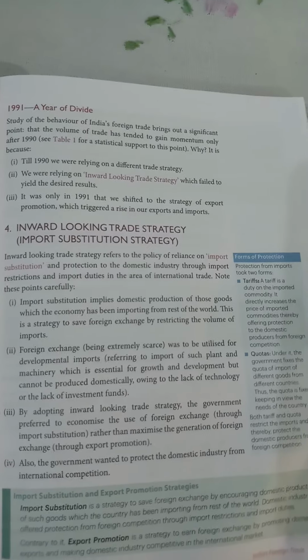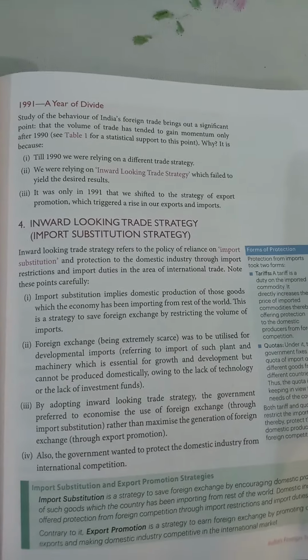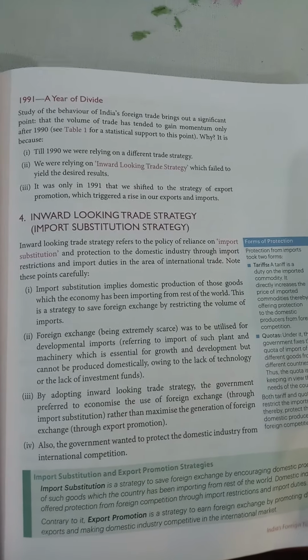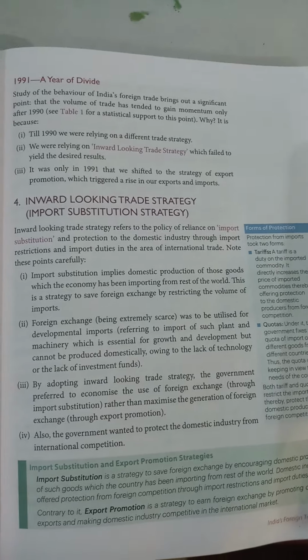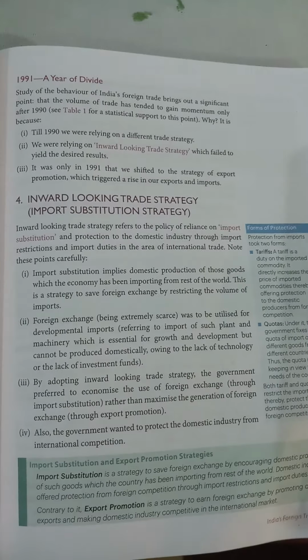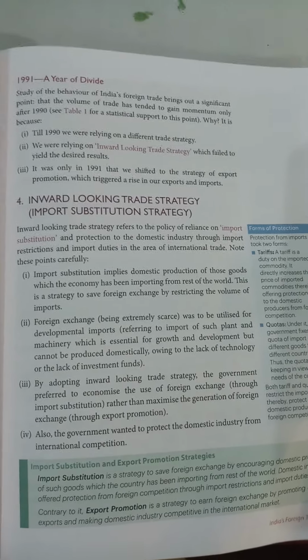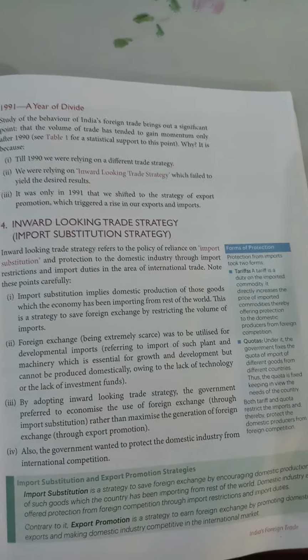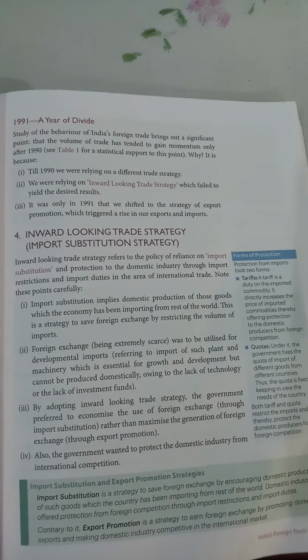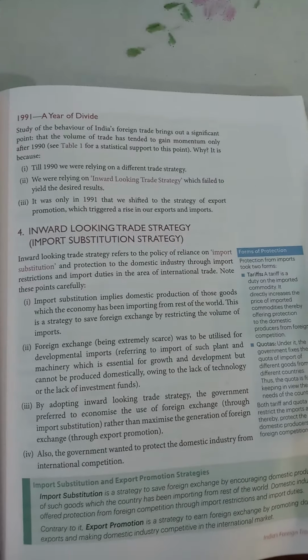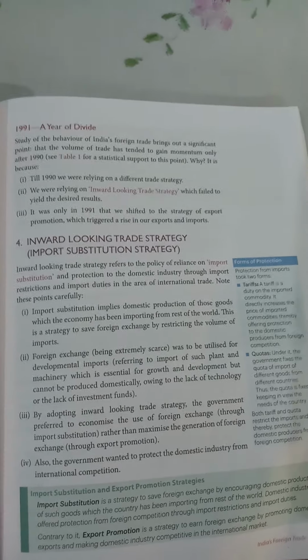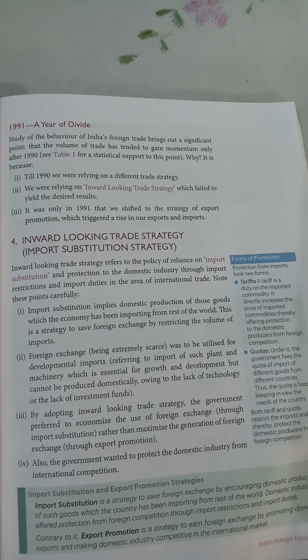Good evening, everyone. In this video today, we are going to understand the inward looking trade strategy, which is also called the import substitution strategy. Please understand that the year 1991 in our Indian economy is called a year of divide.